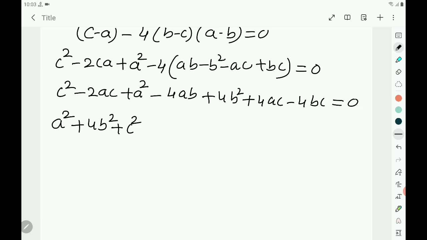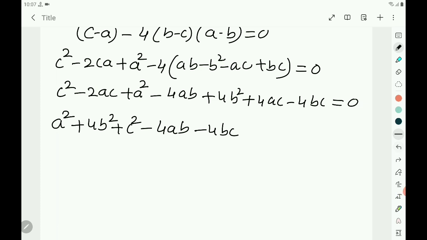Then you take minus 4ab, then minus 4bc, plus here minus 2ac is there, here 4ac is there.